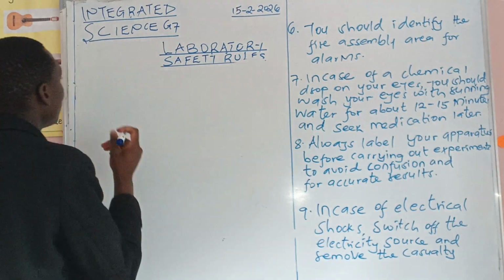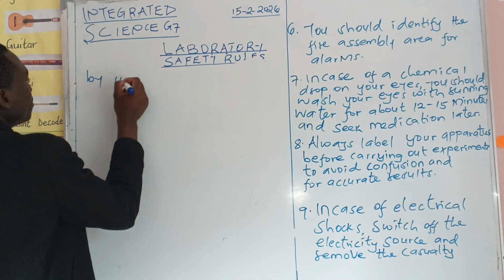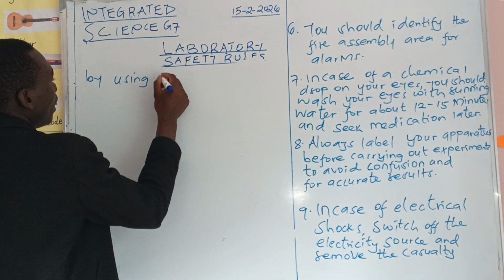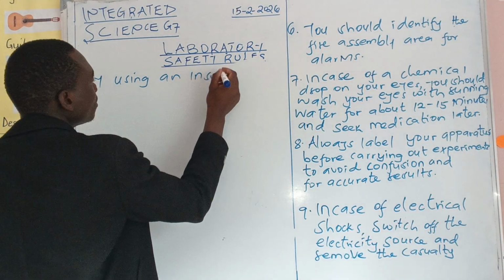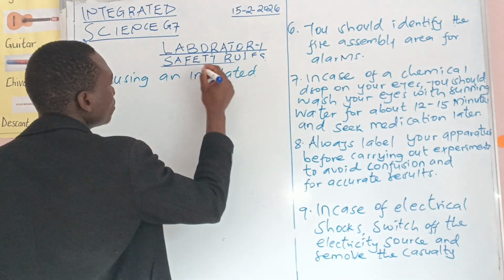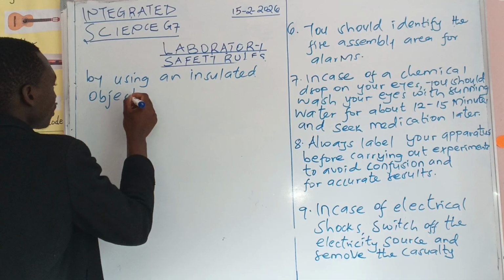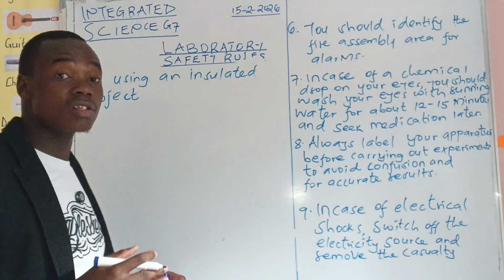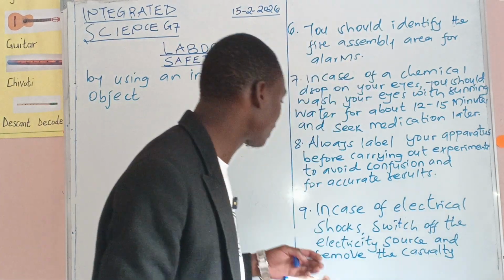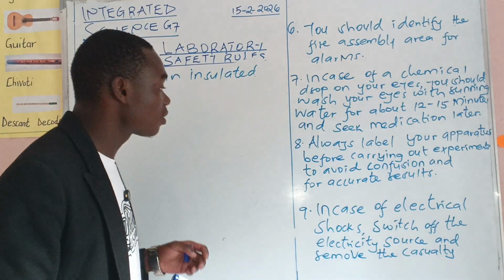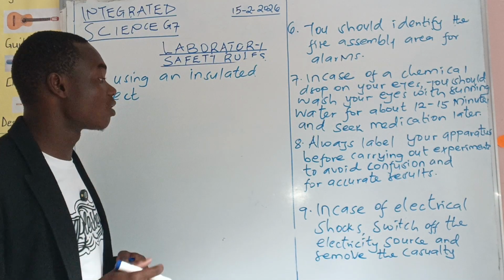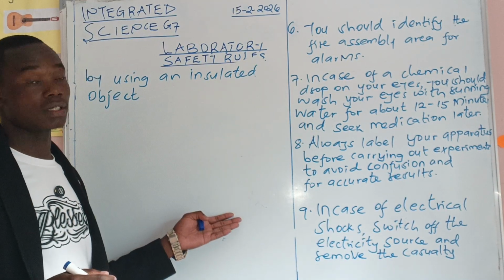Remove the casualty by using an insulated object. You are not supposed to use your hands in such cases, because once you use your hands, you are also going to get shocked.